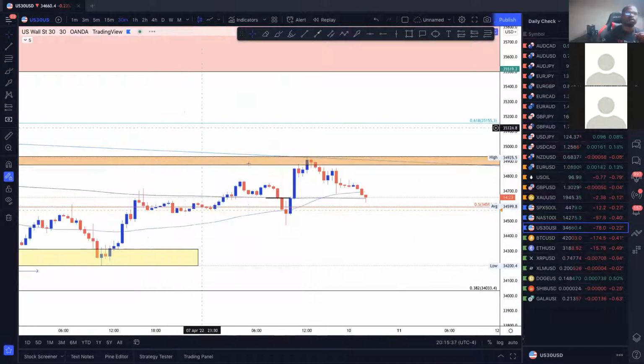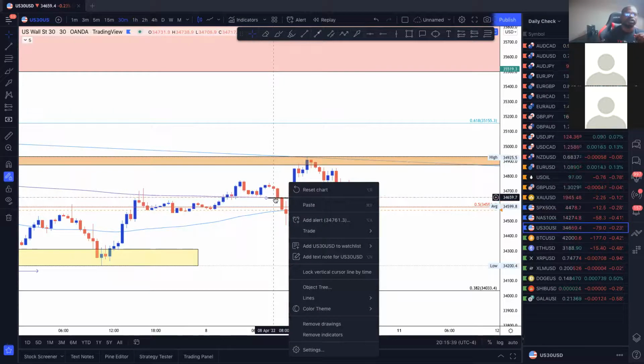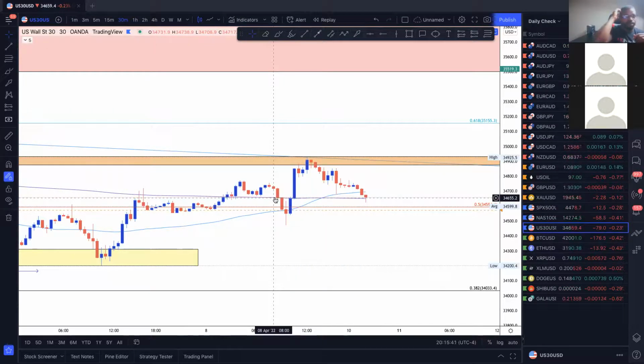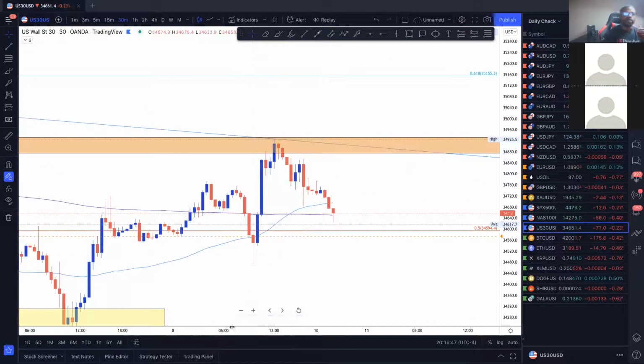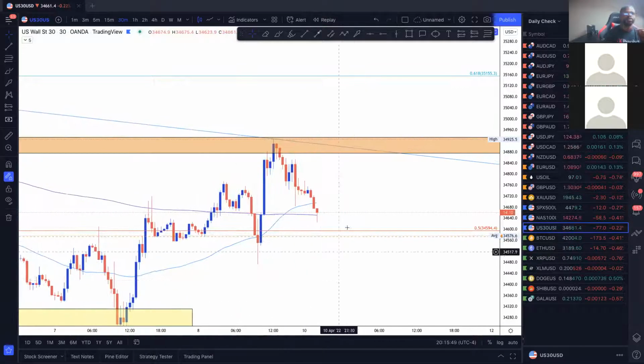Let's go down to a smaller time frame. Oh yeah, this doesn't look good for our stock owners, our buying holders. They might be under a lot of pressure. Okay, now do you guys see this head and shoulders pattern?